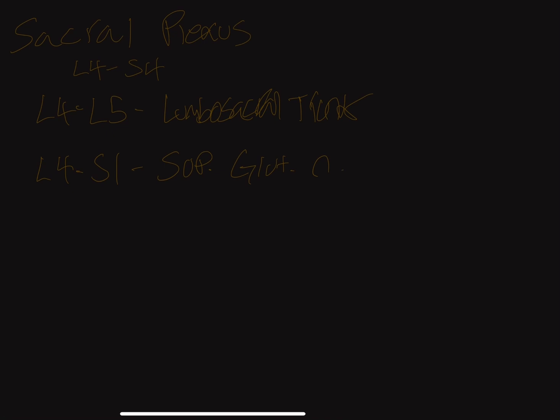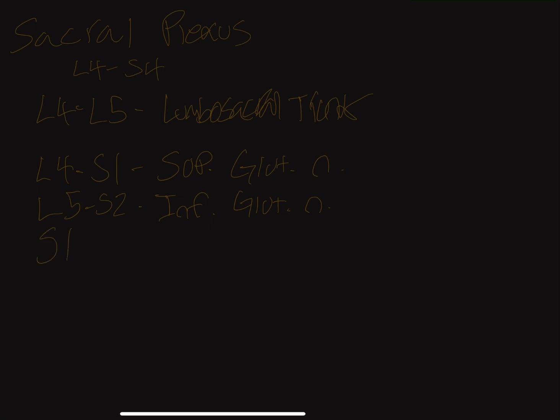You come down and add one, one step down. So L5 to S2 is your inferior gluteal nerve. If you go below your butt, what's next? The back of your thigh.